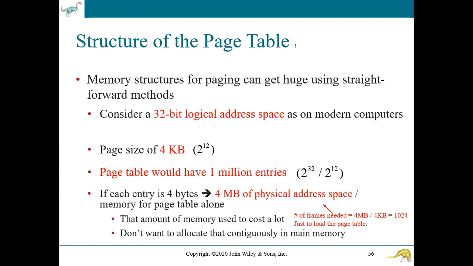We said 32-bit logical addresses translate to the physical address space. The possible frame numbers are 2 to the power of 32 frames, each frame is 2 to the power of 12, and the RAM size is 2 to the power of 44. So to address any byte in the RAM, you require 44 bits.